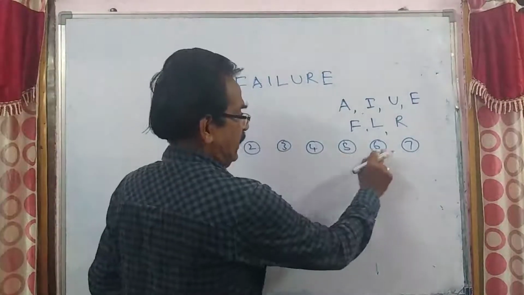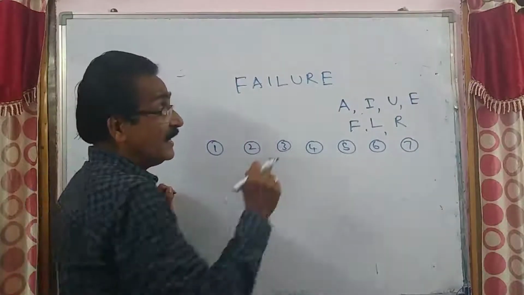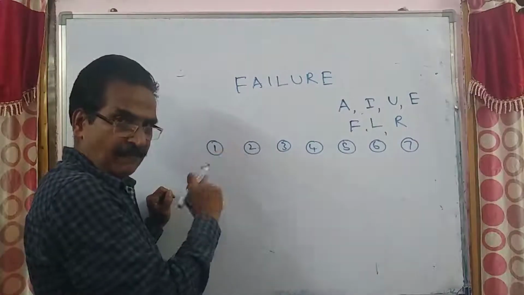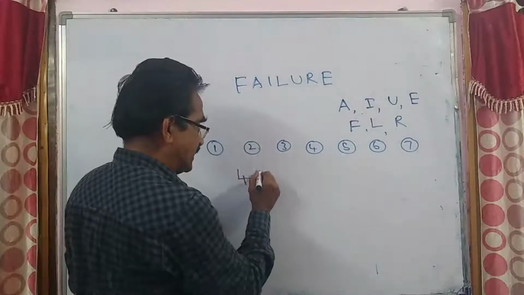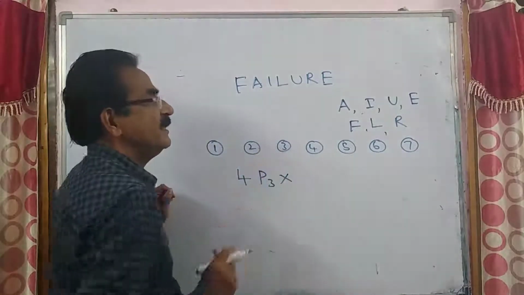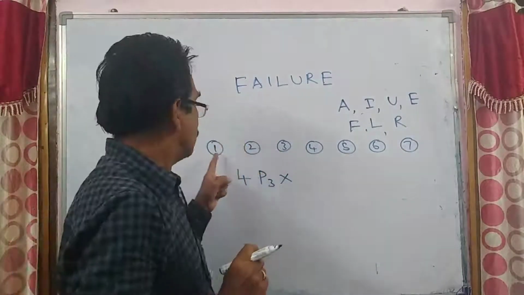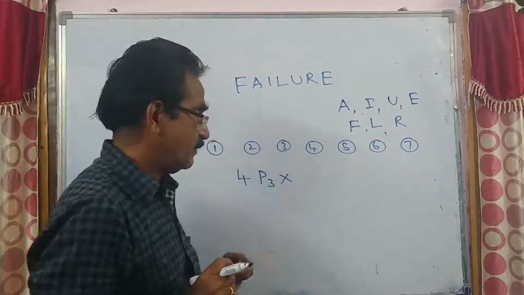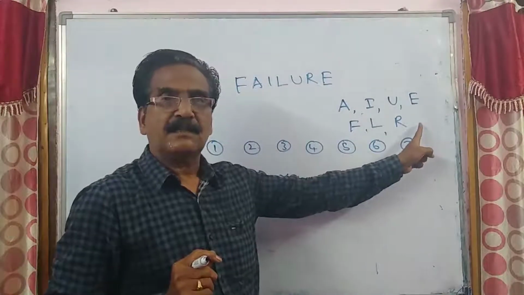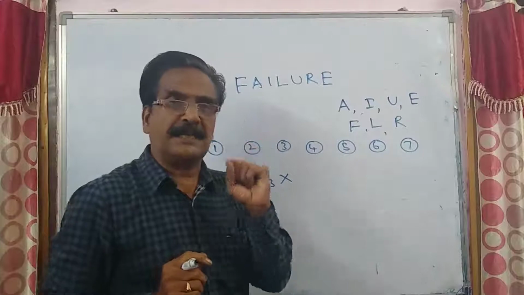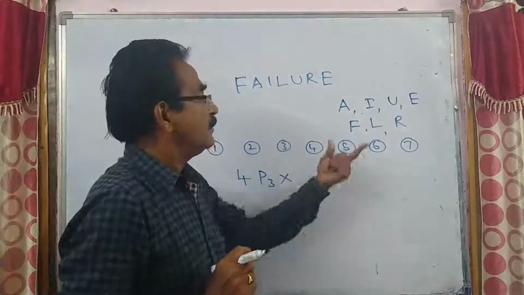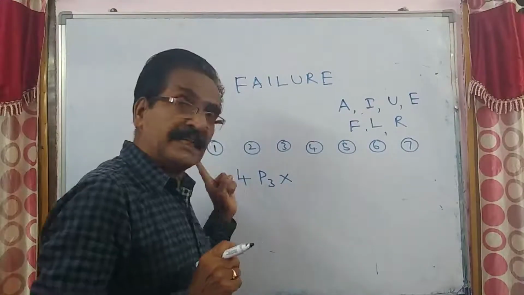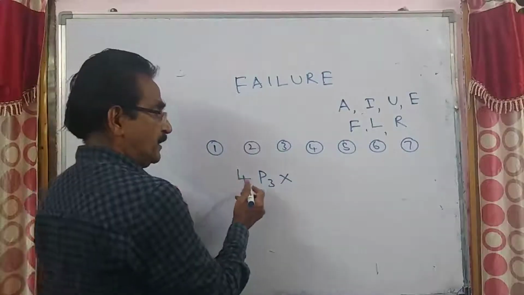So 4 odd places, 3 consonants. 3 consonants can be arranged in these 4 odd places in 4p3 ways.